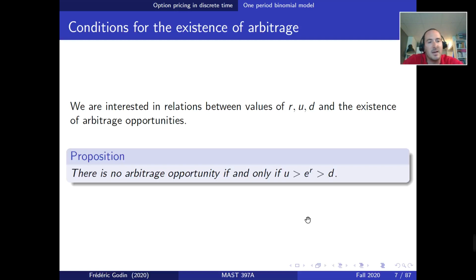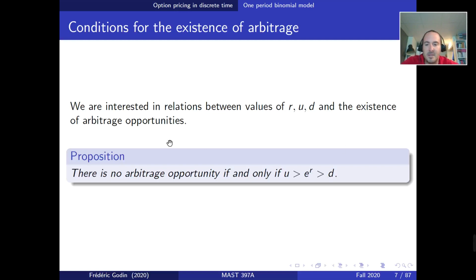Because if our model admits arbitrage, it doesn't really make sense for option pricing. It means that in this market we can make some amount of money for free without taking any risk. So this doesn't make sense. We will want to rule out models where there are arbitrage strategies.